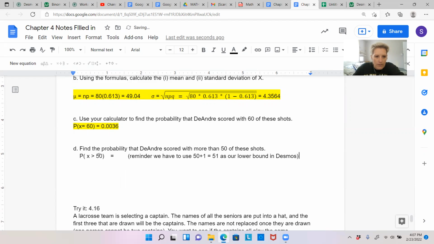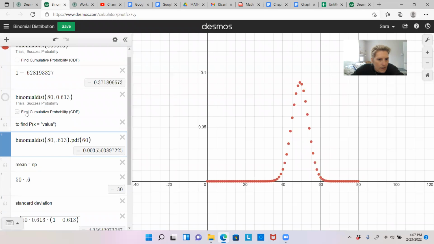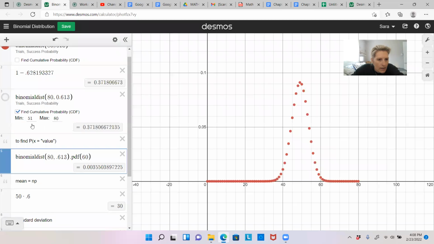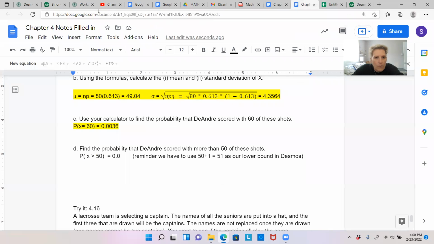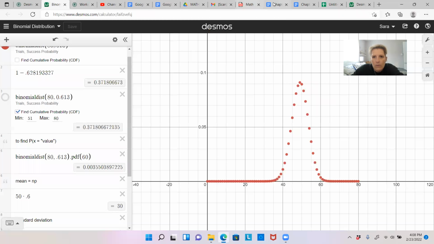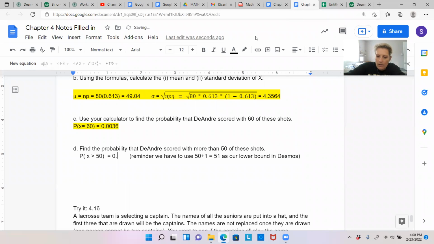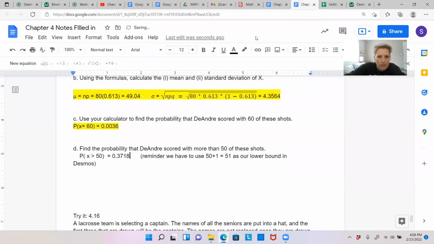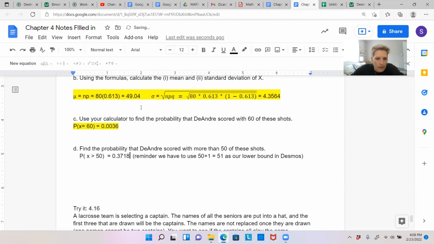Okay, so let's find that probability. I'm doing a cumulative, and I'm going to use 51 up to my max, which is 80, and it looks like it's 0.3718. Pretty high likelihood, 37%.